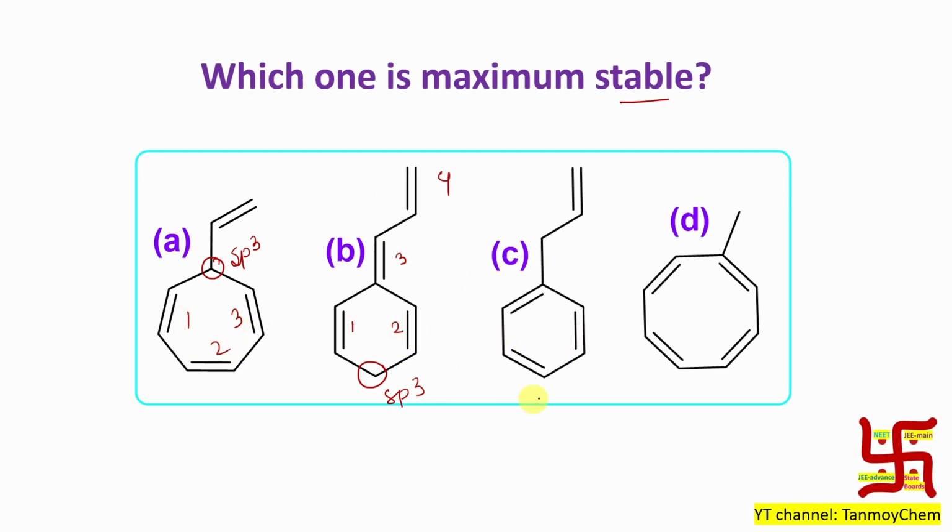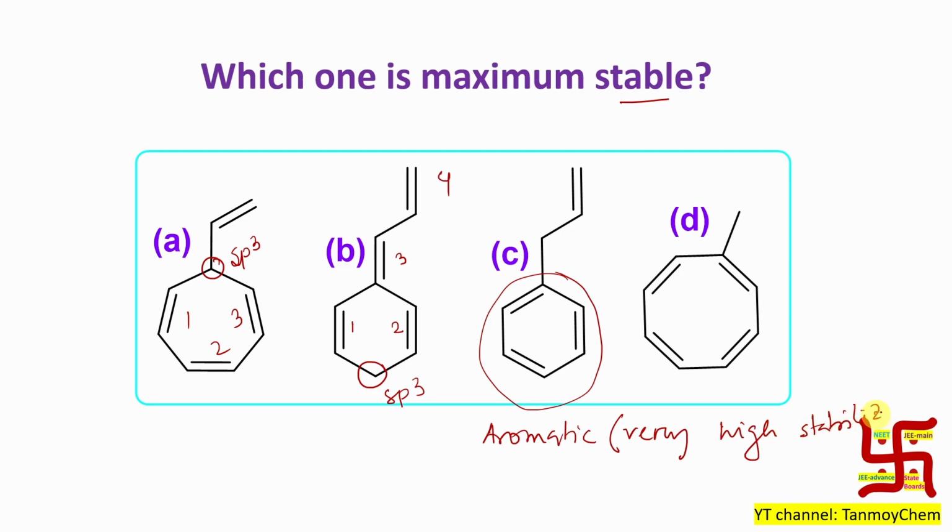But if you look at option C, this benzene ring is aromatic. Remember, aromatic means very stable, means very high delocalization, means very high stabilization. Delocalization is equal to stabilization. Since delocalization is very high, stabilization is also very high.